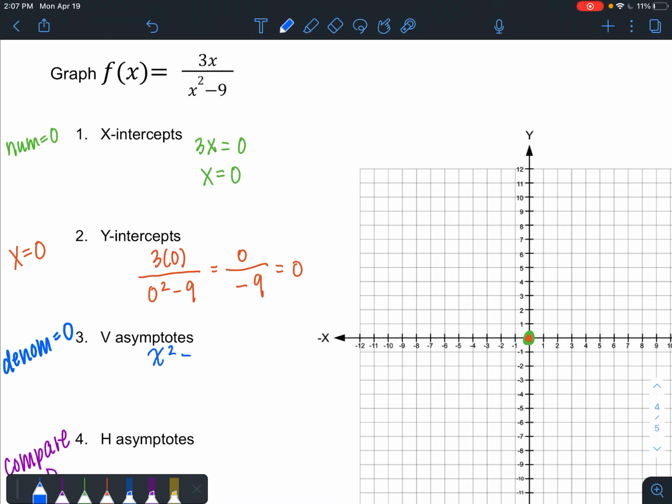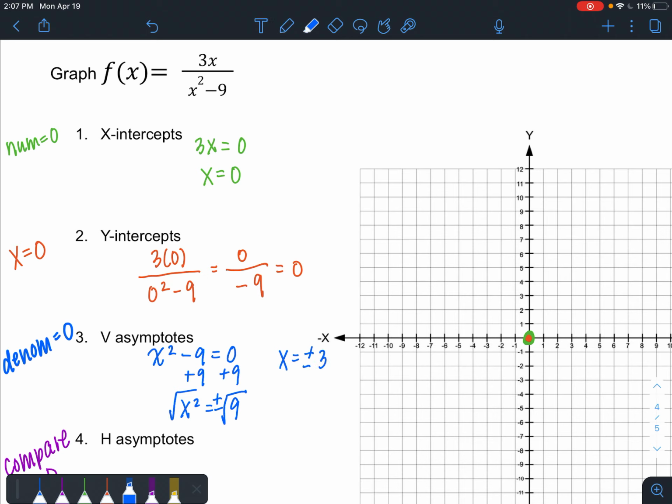Vertical asymptotes, we'll set x squared minus 9 equal to 0. So we'll add 9 to both sides. So x squared equals 9. When I take the square root of both sides, I need to be careful and add plus or minus. So x equals plus or minus 3.